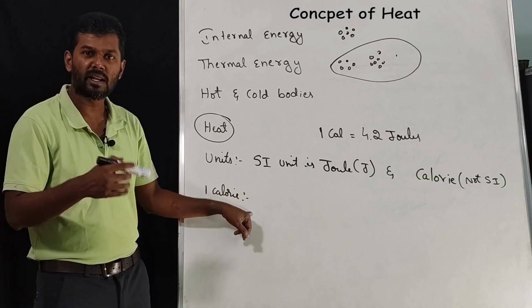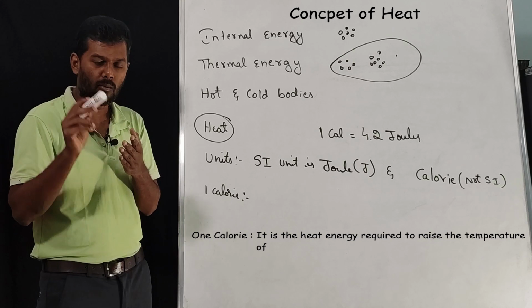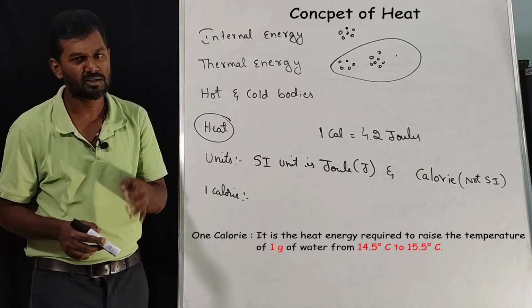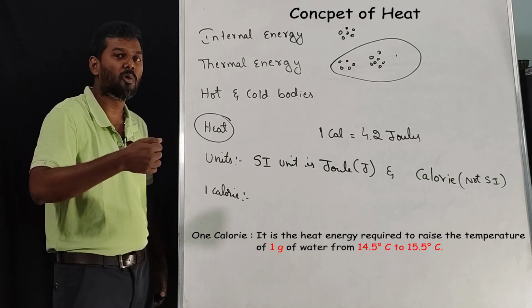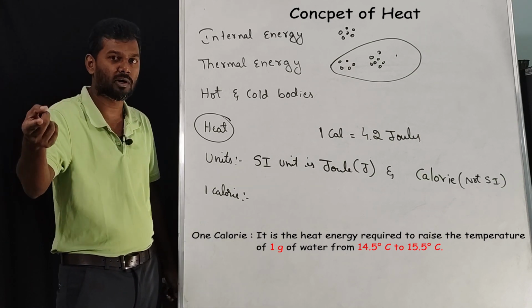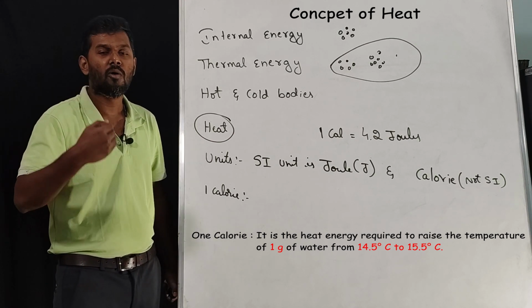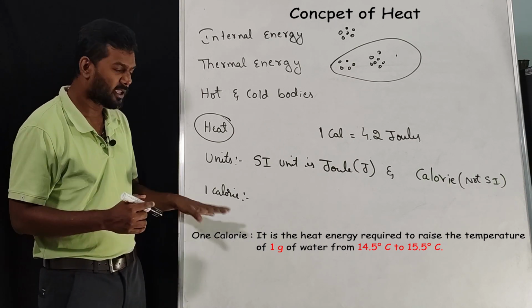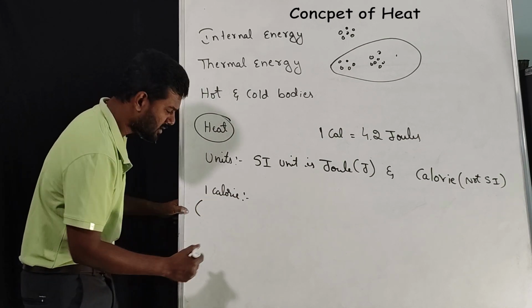The amount of heat energy required to raise the temperature of 1 gram of water from 14.5 degrees Celsius to 15.5 degrees Celsius. 1 gram of water is very important.